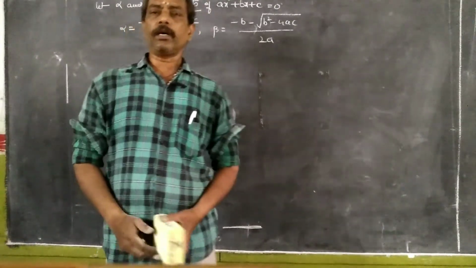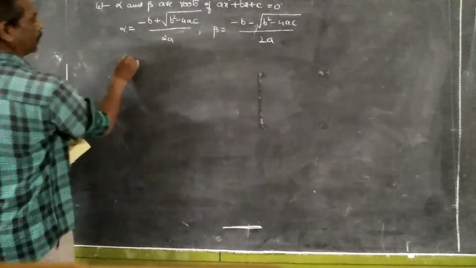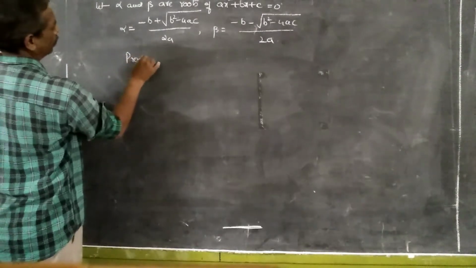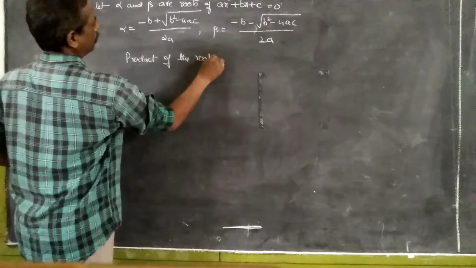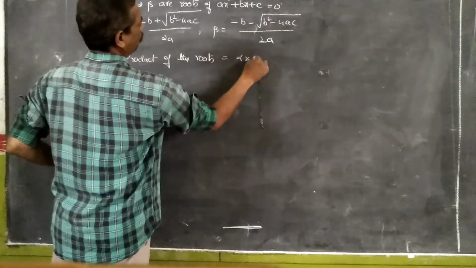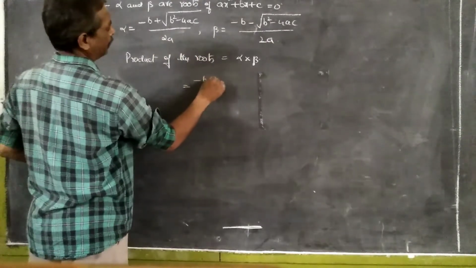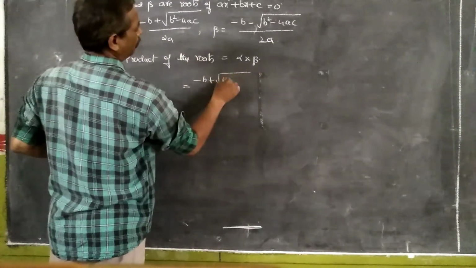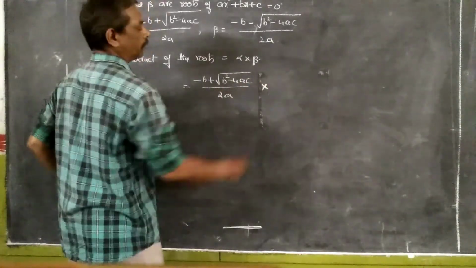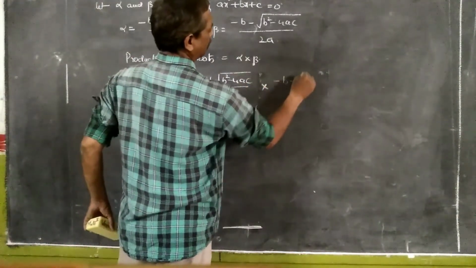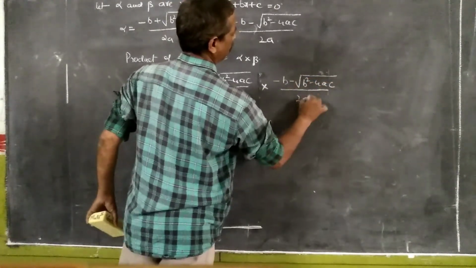Now the product of the roots. That means alpha into beta. So multiply alpha and beta: (−b + √(b² − 4ac)) / 2a into (−b − √(b² − 4ac)) / 2a.